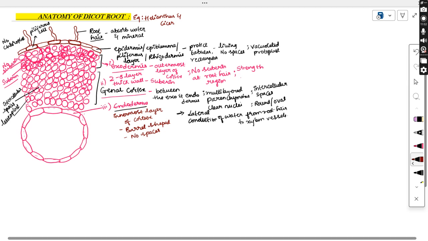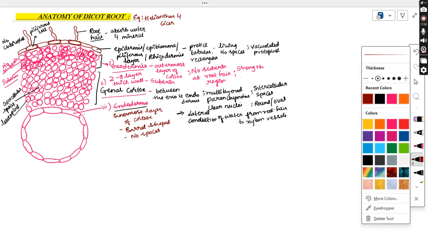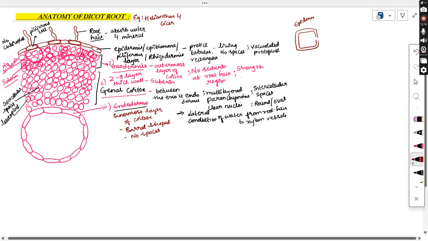And when we are discussing this endodermis, we need to understand the mode of transportation of water. So let us try to draw. This is the one outermost layer of cells which we are drawing. Let us say this is the epidermis.